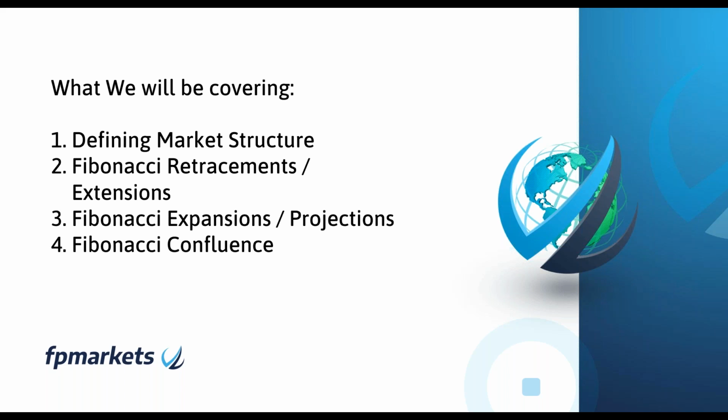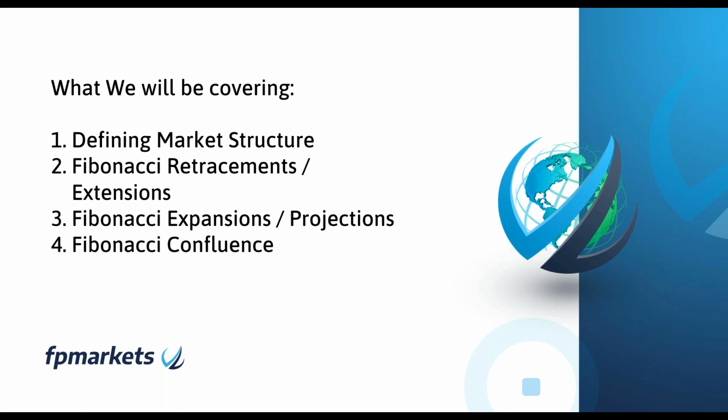First and foremost, I will just quickly run through the basics of identifying how to draw Fibonacci properly. We do that by defining the market structure, and we also do it by drawing in line with the market movements. And then after that, we look at Fibonacci retracements. I had to put a slash with extensions because I will explain to you that bit when we get to it.